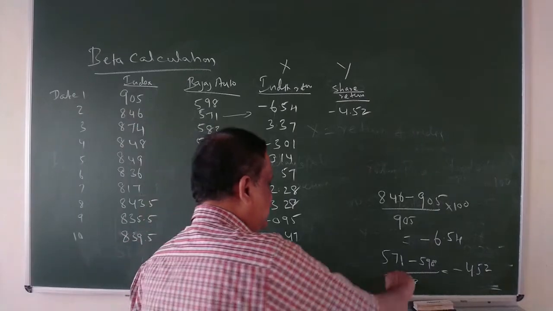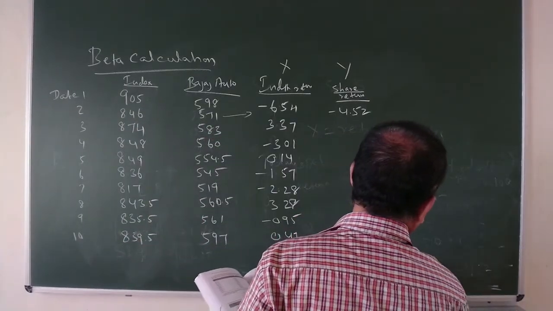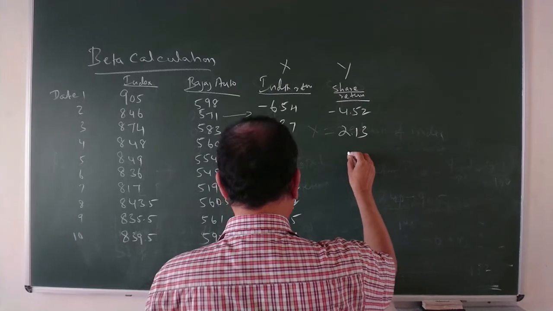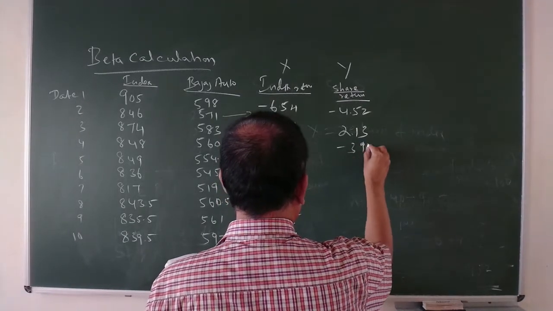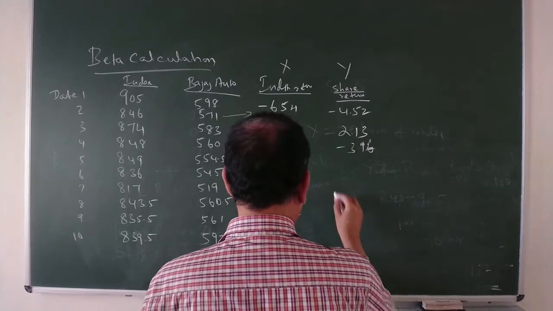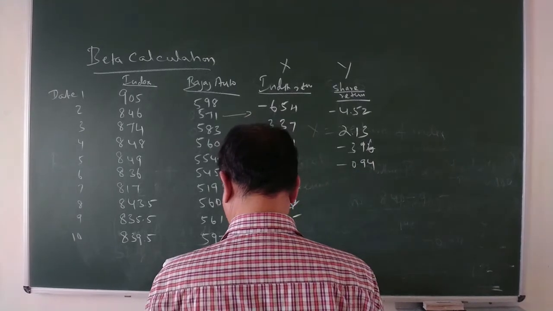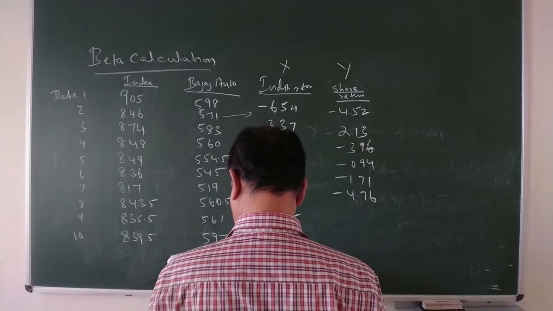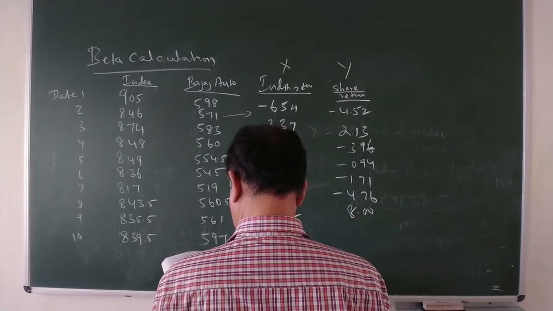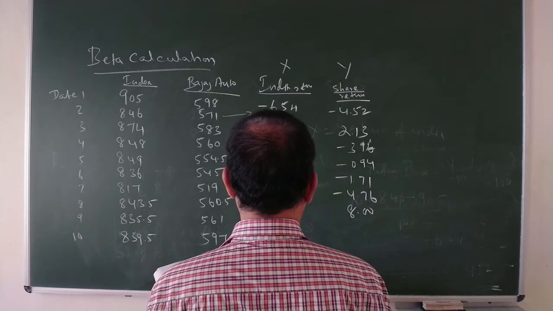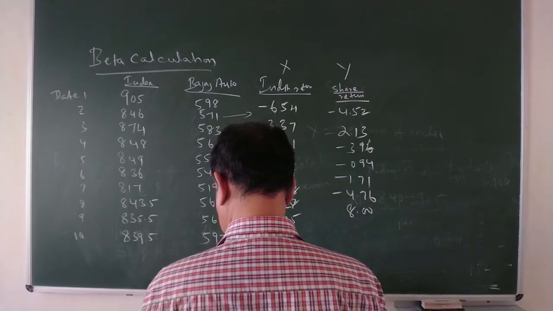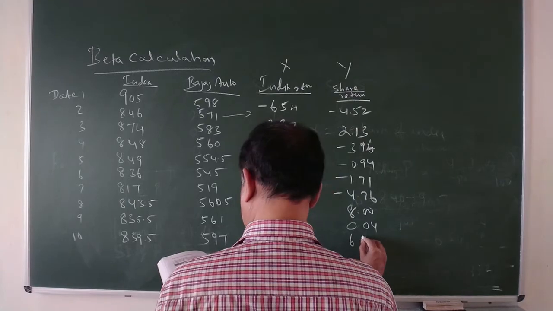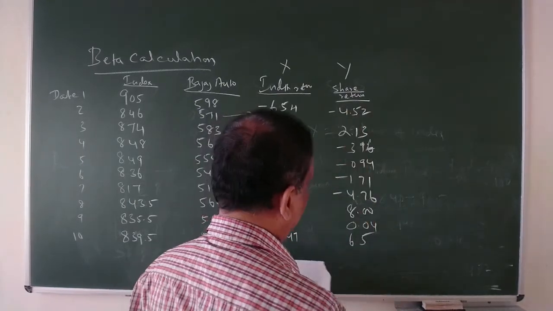So, this will be the values for x, and for y the values would be 2.13, minus 3.96, minus 0.94, minus 1.71, minus 4.76, 8, 0.04 and 6.5. So, this is the share return for the 9 days.